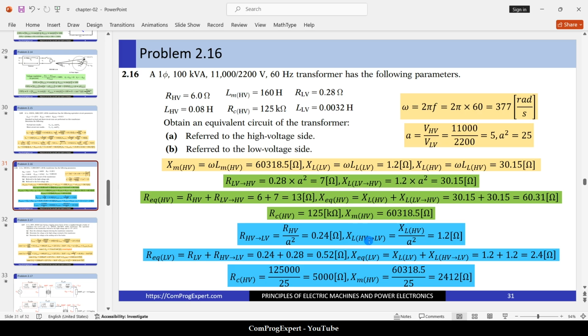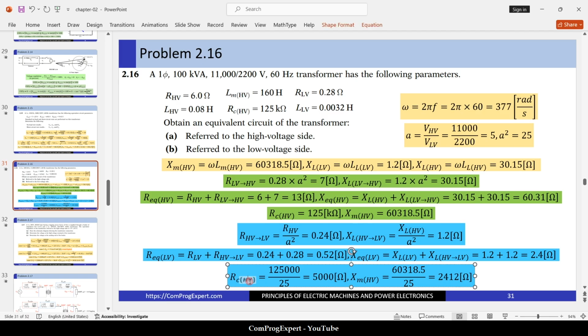The value of the leakage reactance of the high voltage winding referred to the low voltage is 1.2, and we can do these calculations similar to this one. Also, we need to refer the equivalent core resistance and magnetizing inductance to the low voltage side.